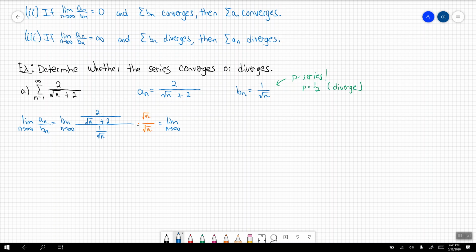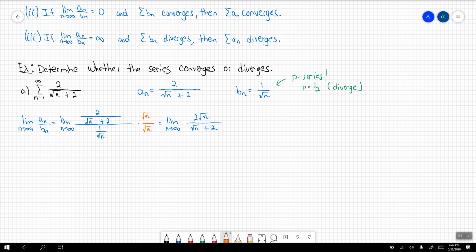The denominator here is just going to be 1. Numerator is going to be 2 square root of n divided by square root of n plus 2. All right, doesn't look too bad at this point in time. It looks a little bit easier on the eyes.